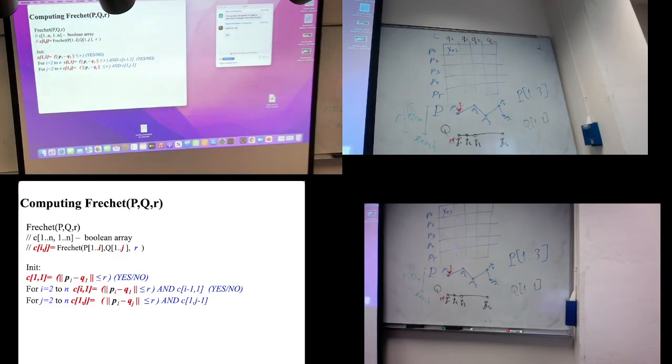So C11 in particular is 1 in this case. And how do I know the initialization, what is C11? I'm checking if the distance between P1 and Q1 is smaller than or equal to R. Remember, it's a Boolean value. The distance between P1 and Q1 smaller than R, it's a Boolean value.